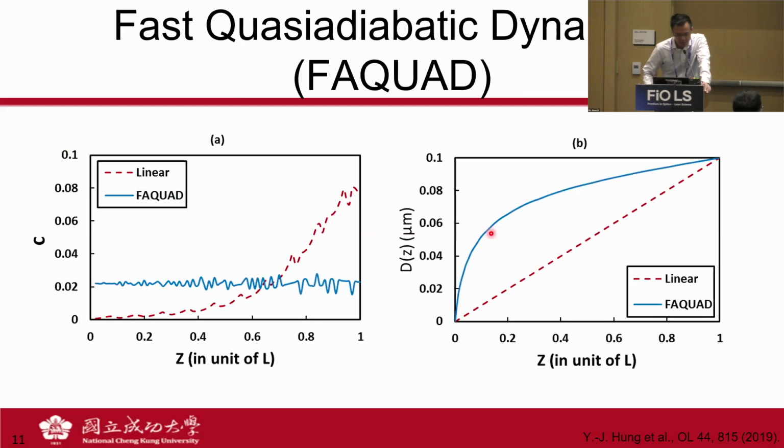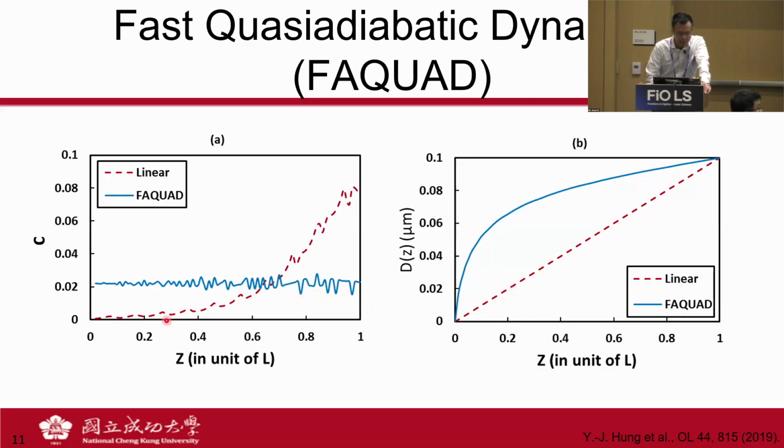The first protocol we'll introduce is fast quasi-adiabatic dynamics, FAQUAD, which we also borrowed from quantum mechanics. This dotted line here on the right is the original linear taper function.